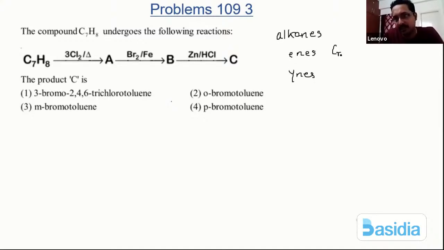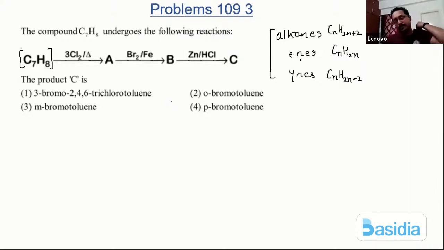So here it is CnH2n, then we also come across CnH2n minus 2, and here CnH2n plus 2, correct? If you apply these formulas to the initial compound, it will not obey any of the general formulas. So I clearly understand it is neither an alkane, nor an alkene, nor an alkyne.